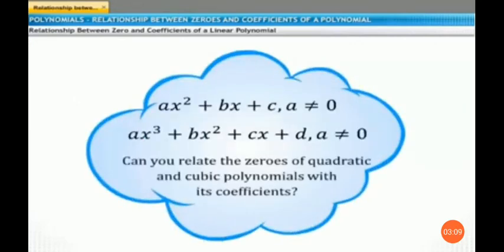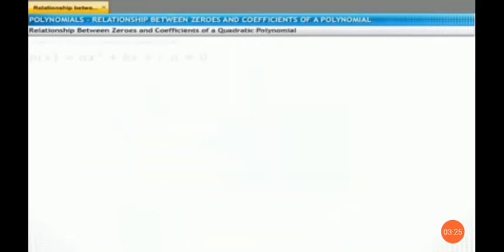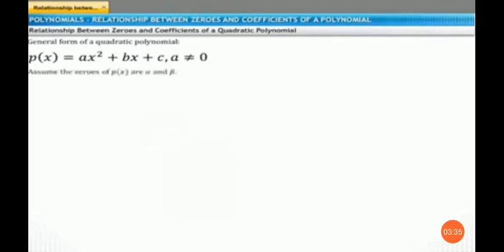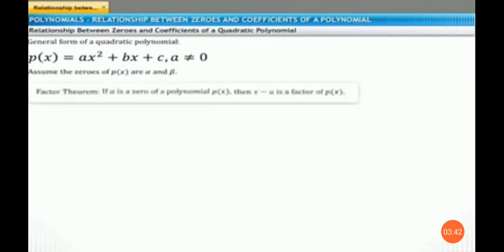Now let's consider the quadratic polynomial, and we will relate its zeros to its coefficients. The general form of a quadratic polynomial is ax square plus bx plus c, where a is not equal to 0. Assume the zeros of the polynomial are alpha and beta.